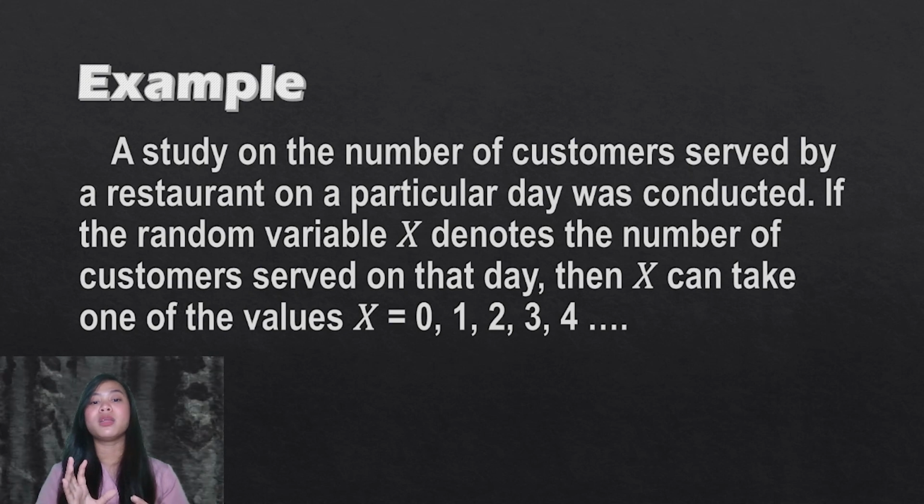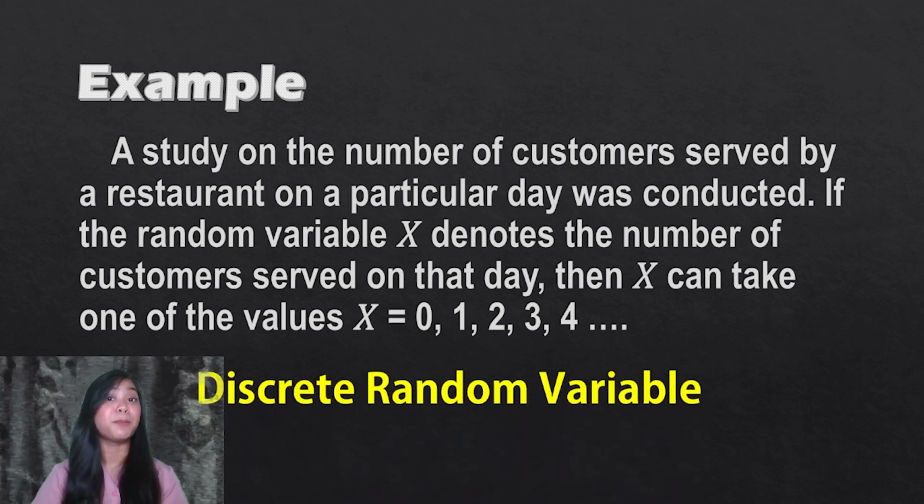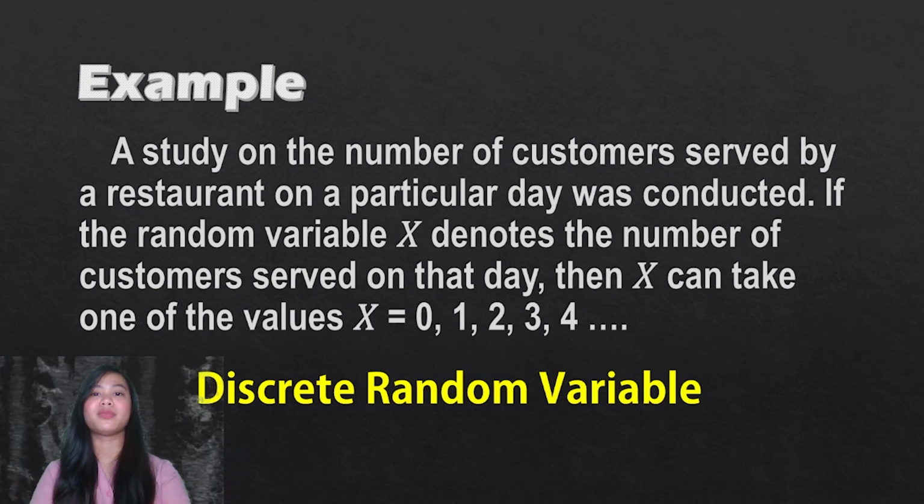So this random variable x, the number of customers served by the restaurant, has values which can be counted. That is why this is an example of a discrete random variable.